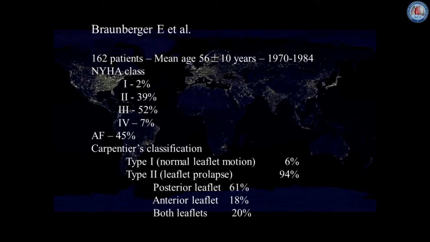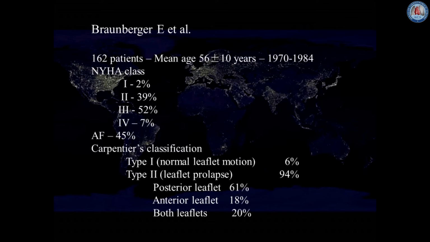They had 162 French patients with a mean age of 56, and the patients were operated from 1970 to 1984, again, long time ago. Very few were class 1 and 39% class 2. Most patients were quite symptomatic. 45% had atrial fibrillation, again indicating that these patients had more advanced disease.